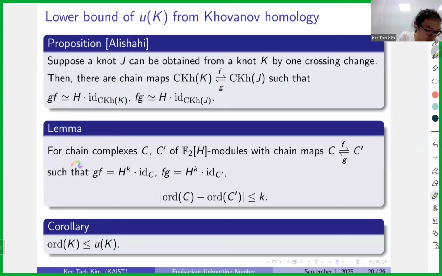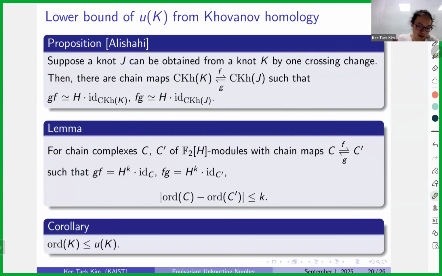Then this is a purely algebraic lemma. For chain complexes C and C prime of F[H]-modules, such that they have chain maps F and G which satisfy these relations, the difference of the torsion orders is bounded by k, which comes from here. Then this corollary is immediate, because for each one crossing change we have a factor of H here.